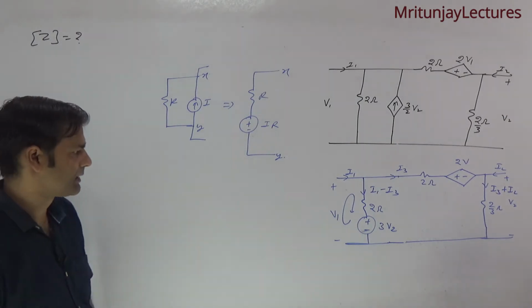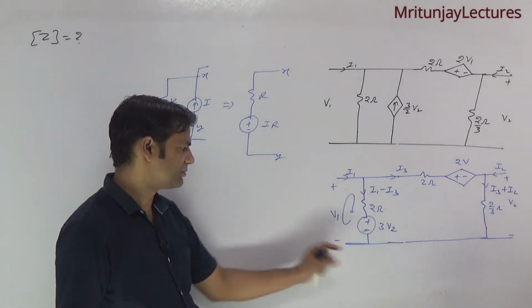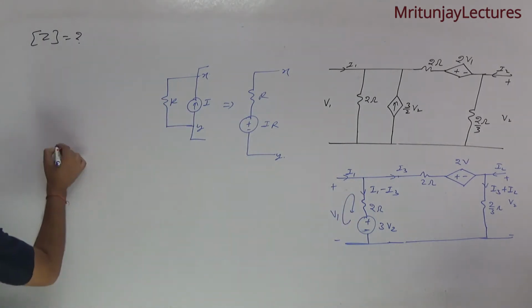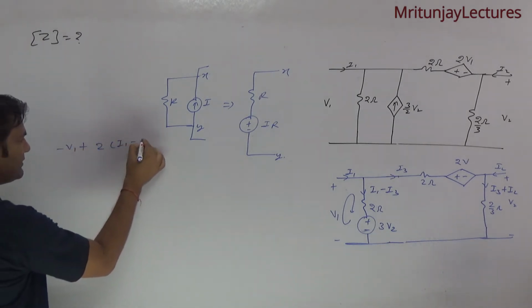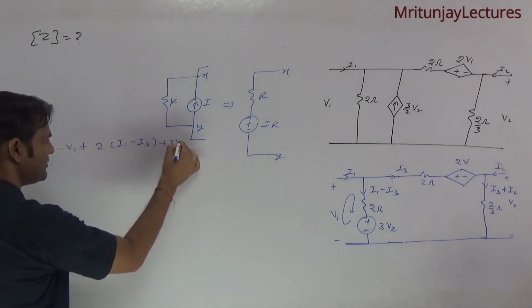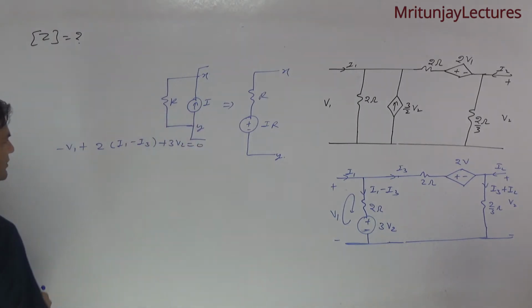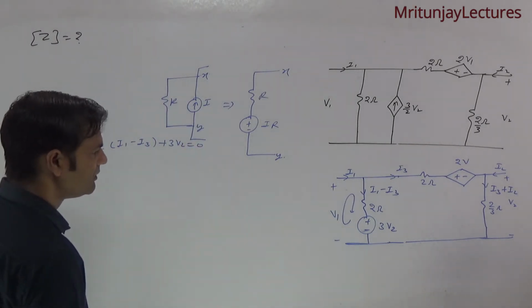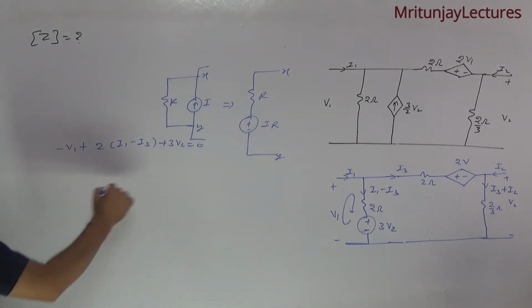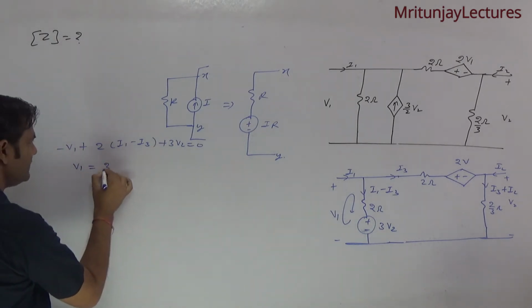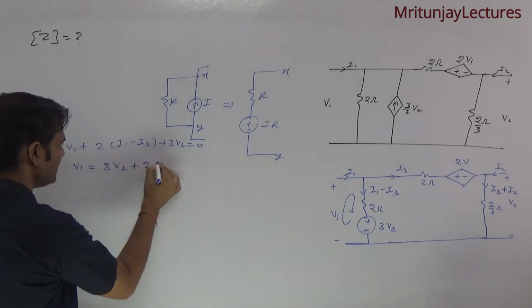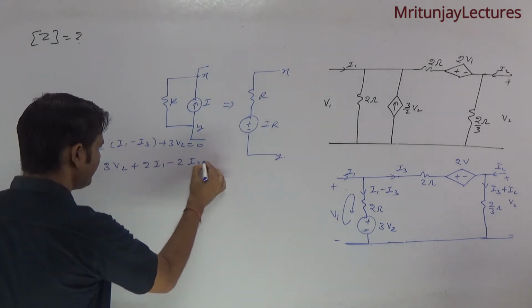Minus V1 plus 2 into I1 minus I3 plus 3 V2 will be equal to 0. So V1 is written as 3 V2 plus 2 times I1 minus 2 I3. Equation number 1.